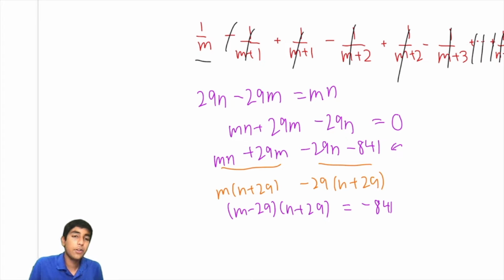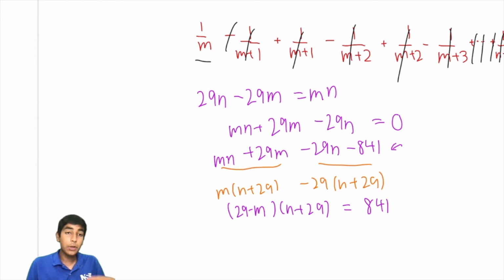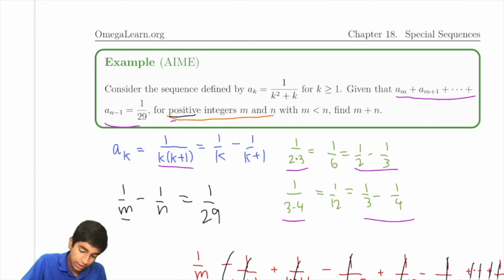So now we have a negative on the right side. Let's just make this 29 minus m instead, so this becomes a happy positive number. Now 841 is just 29 squared, and m and n are positive integers.